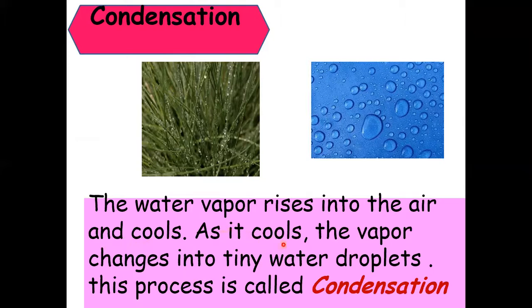As it cools, the vapor changes into tiny water droplets. You see here, these are the water droplets. Here we have water droplets on the plant. Usually you find it early in the morning. This process is called condensation.